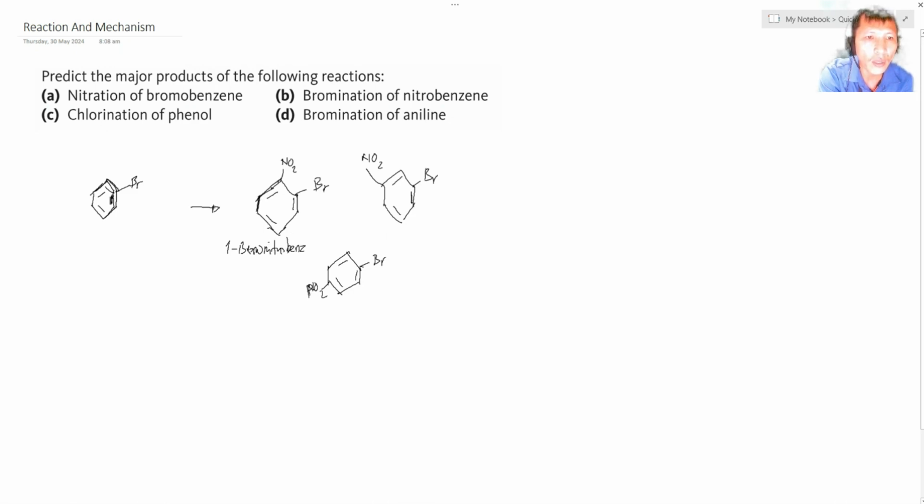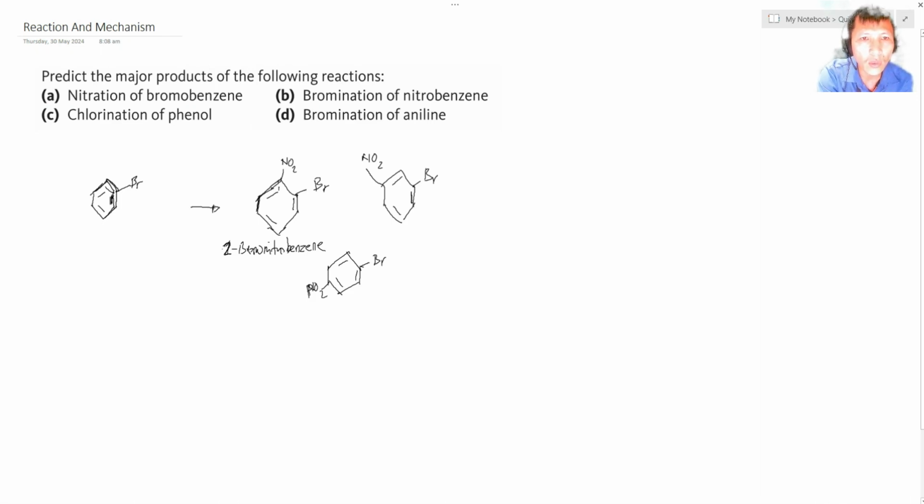Nitrobenzene would now be the parent in our nomenclature. You could replace 1, because the bromine would be 2, because we start number 1 with the nitro since that is the parent. So this compound here is 2-bromonitrobenzene.